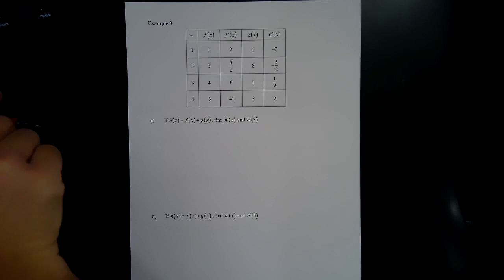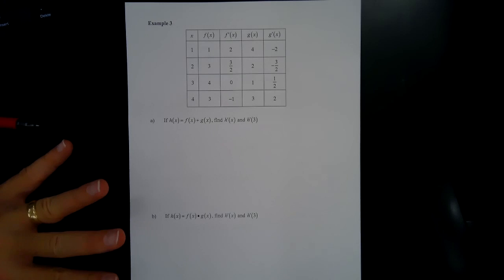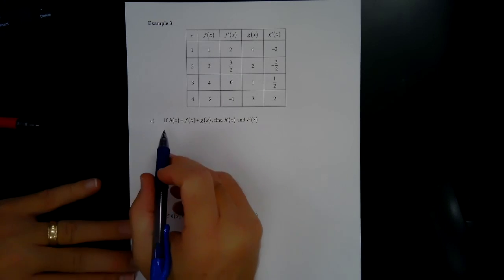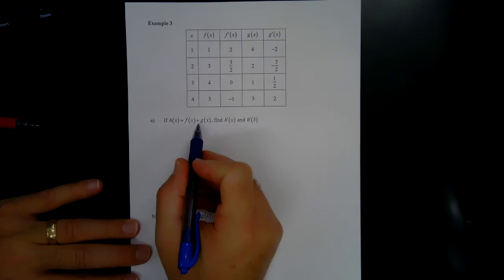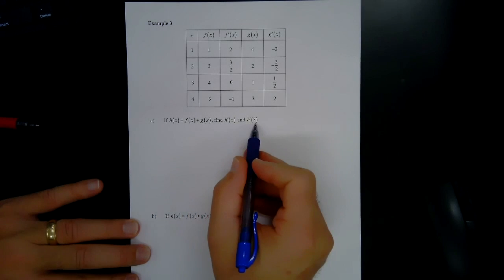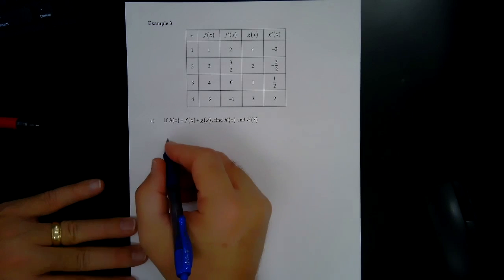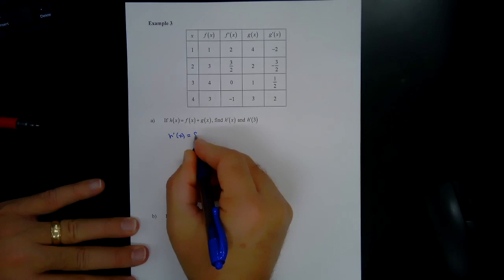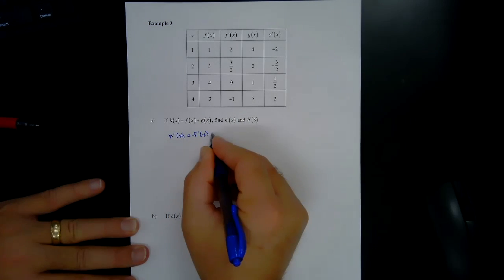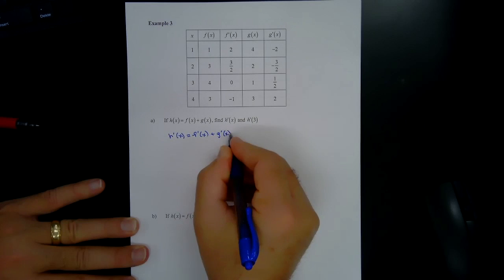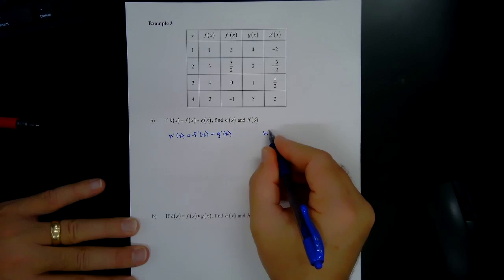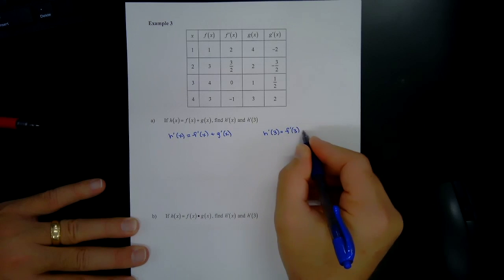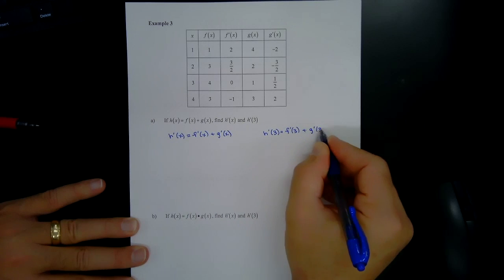And the last example I want to do with you guys is an example using table values for different functions. Okay, so if h of x is equal to f of x plus g of x, find h prime of x and h prime of 3. So let's first find h prime of x. Because this is a sum, it's just f prime of x plus g prime of x, which means h prime of 3 would have to equal f prime of 3 plus g prime of 3.